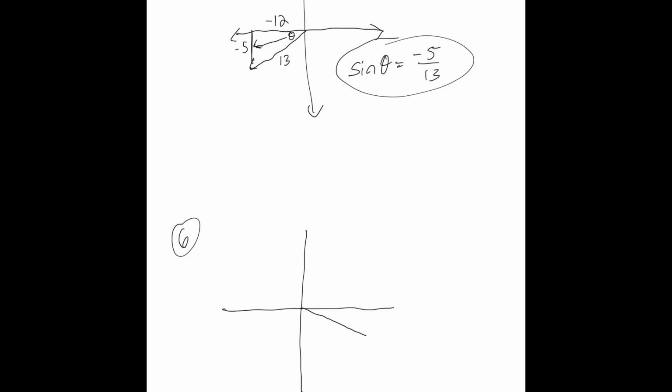So x is +4, y is -3. This is a triple, 3, 4, 5. And it wants cosine. Cosine theta, adjacent over hypotenuse, 4/5.